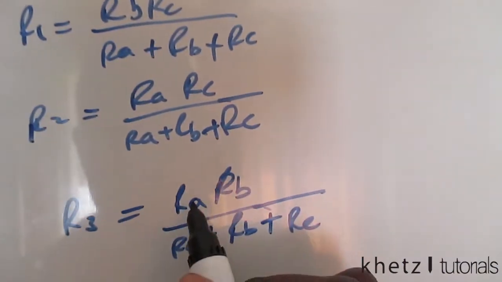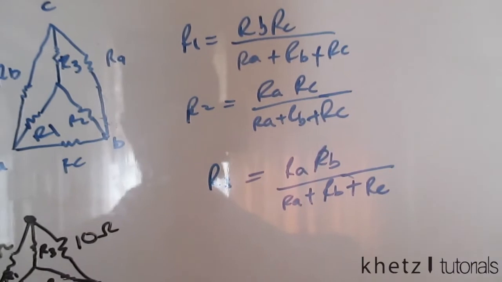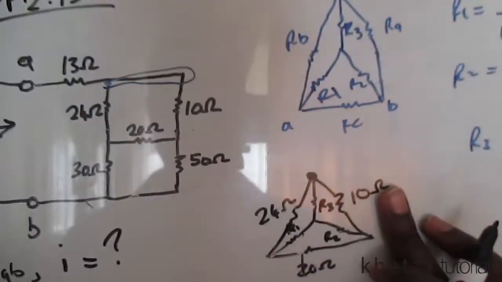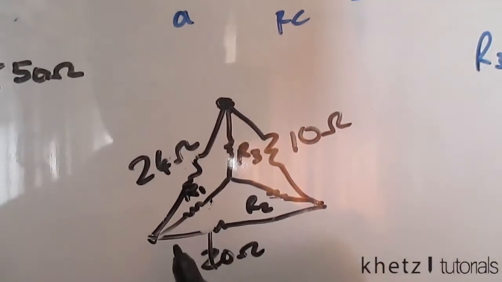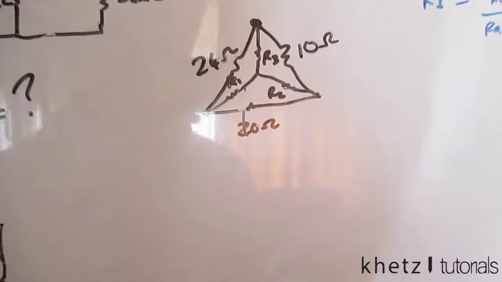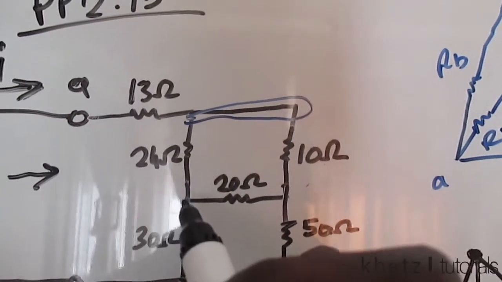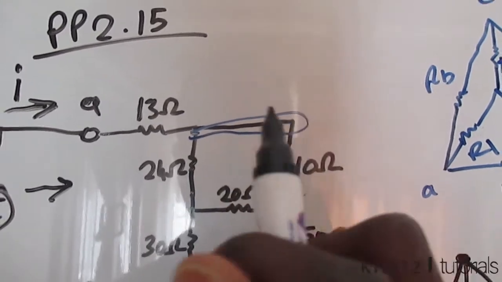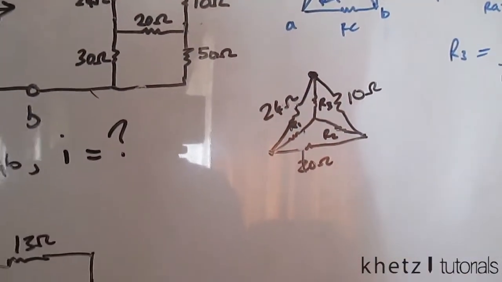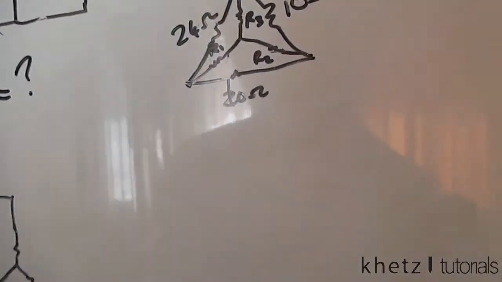That's just a trick which I use to remember how to calculate these. So let's go ahead and calculate the actual values of R1, R2, and R3. After calculating the values, we'll redraw the circuit into its Y equivalent.